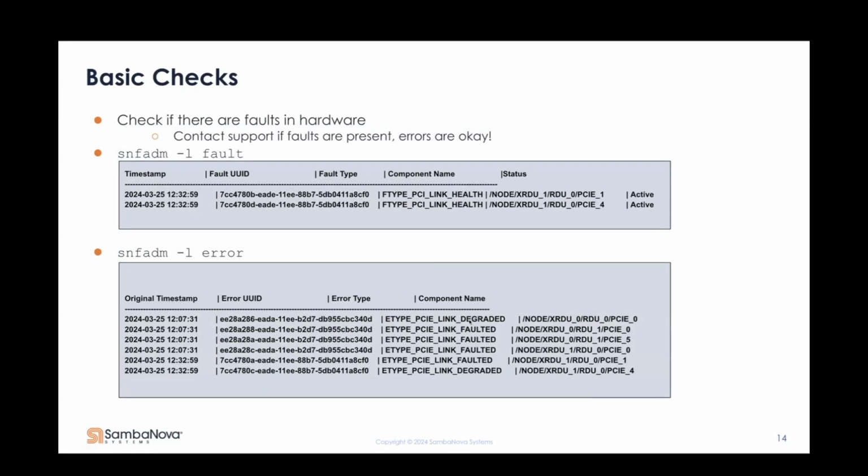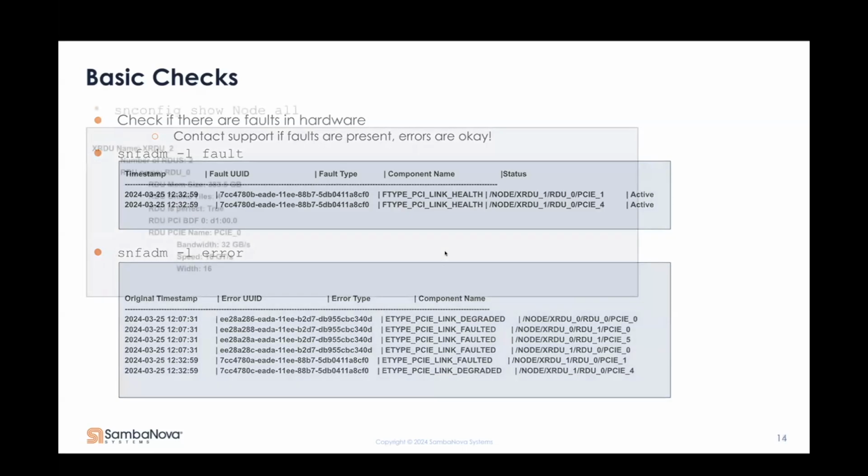Models can run in a degraded state, but it's not recommended, and generally you will have performance problems with the system. At that point, letting either a system administrator or a SambaNova CE know, so that they can do immediate troubleshooting to fix it, is the best course of action.